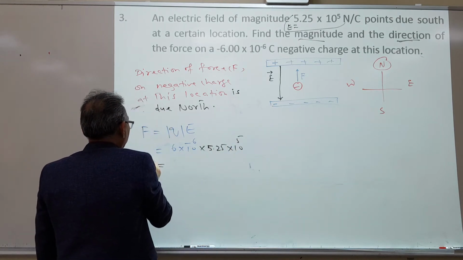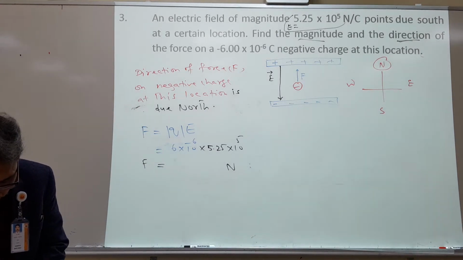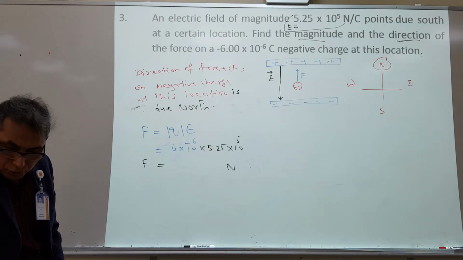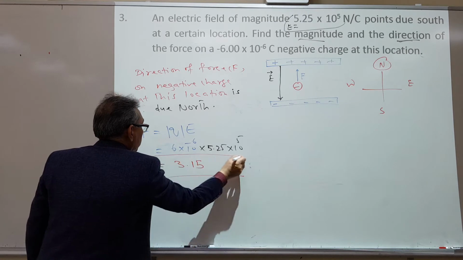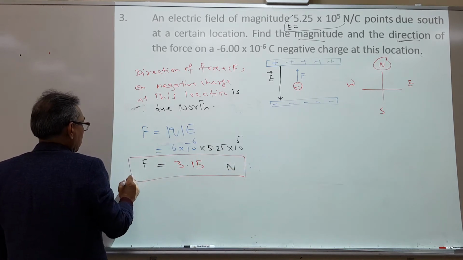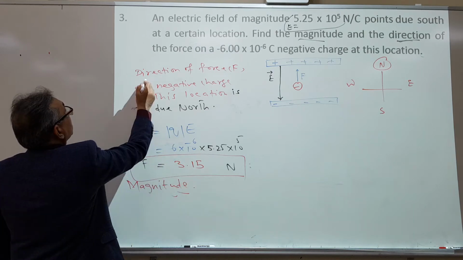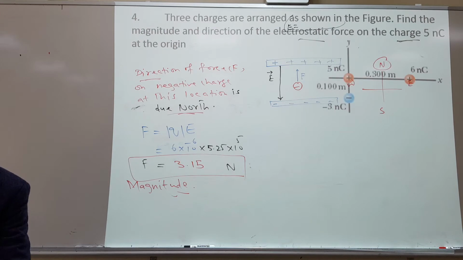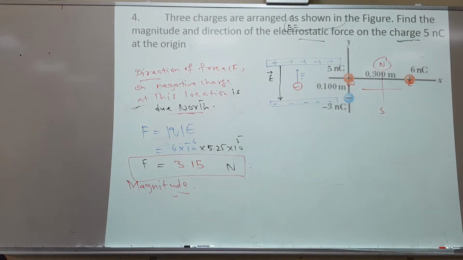So you get finally the magnitude of this force at the given location, 3.15. This is your answer. This is the magnitude, and this is the direction. Next question, number 4, please.